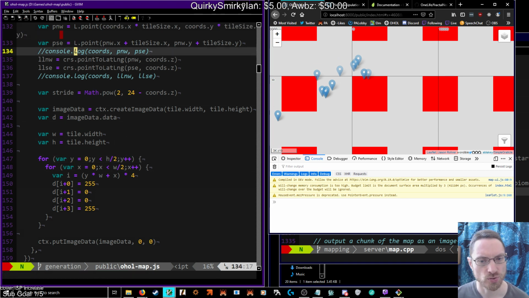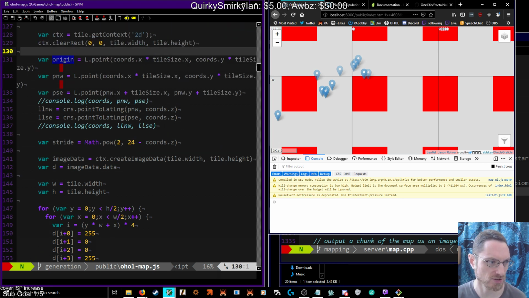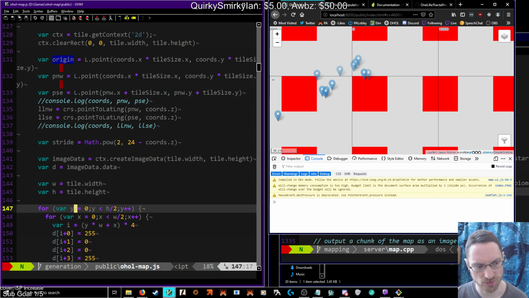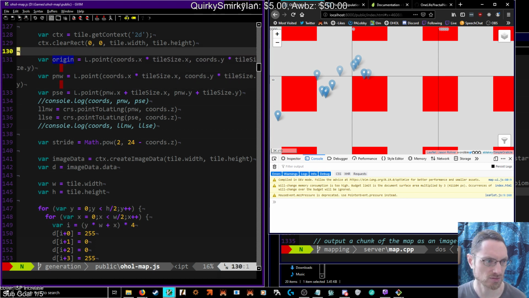But I still have a point northwest. For game mapping purposes, I kind of need... so actually I don't need origin here because we're just doing the offset xy.